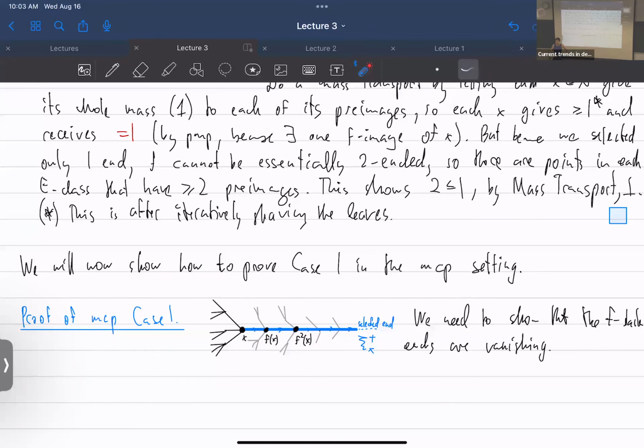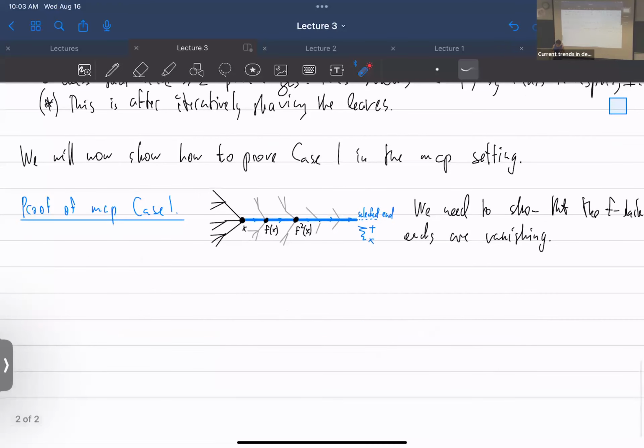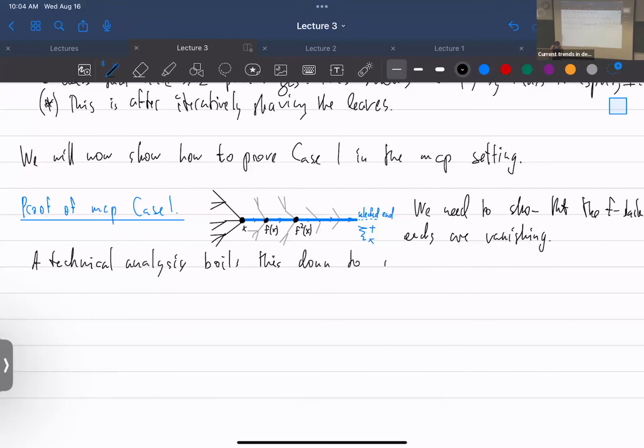This is the beginning of showing that the backends are vanishing, but that beginning is the key to proving it. The rest is maybe an exercise, but this maybe is not. So a technical analysis boils this down to proving the following key lemma.